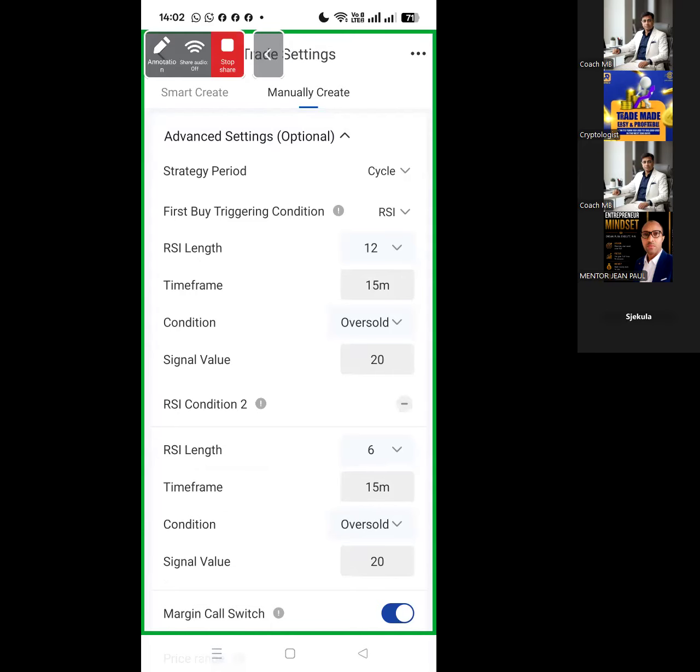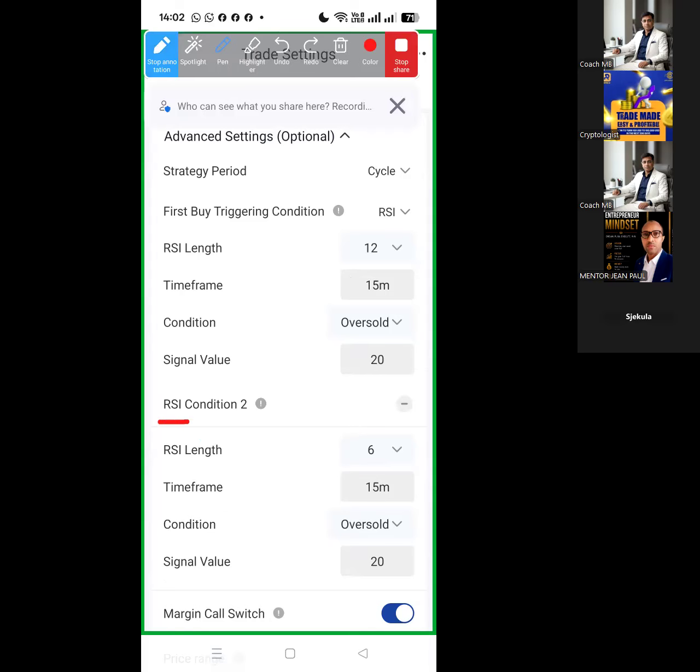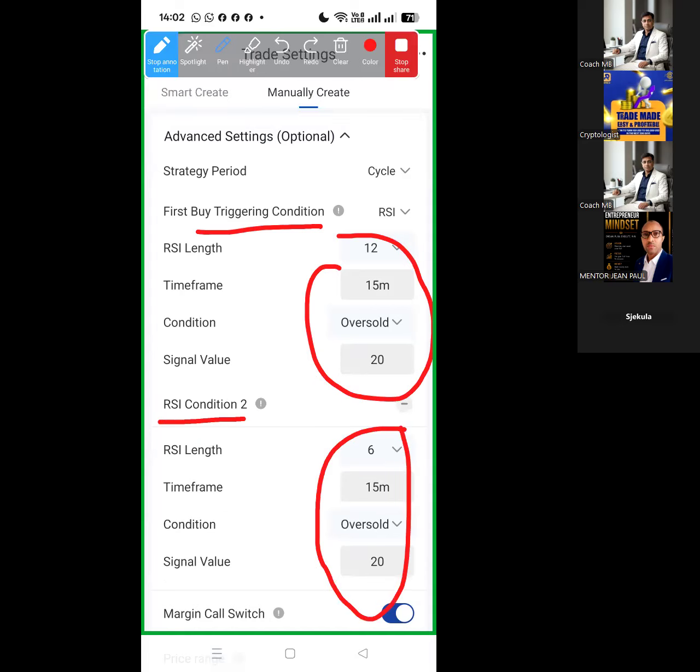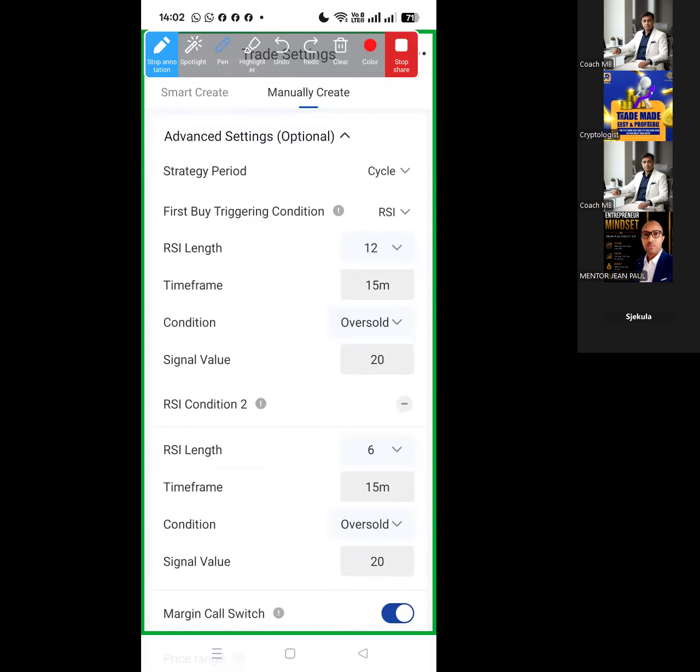Now what you see here, we have RSI condition number 2, and this is RSI condition number 1. We can add another condition, but both these conditions must complement each other. They cannot go against each other.